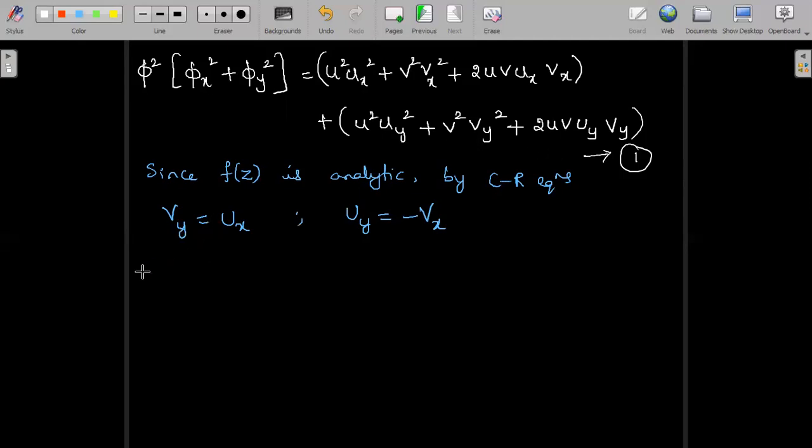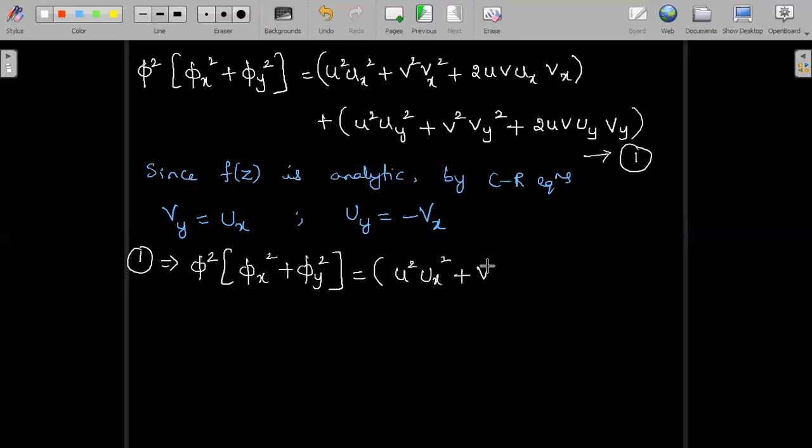So equation 1 implies phi square into phix square plus phiy square. Left hand side I am writing as it is. Right hand side I need to use second bracket everywhere; y should be changed to x. First bracket as it is: u square ux square plus v square vx square plus 2uv ux vx.